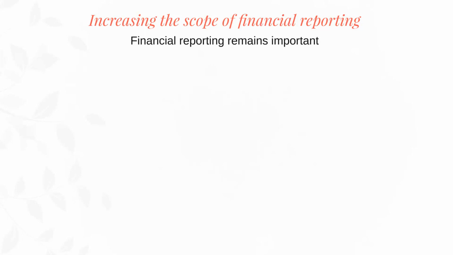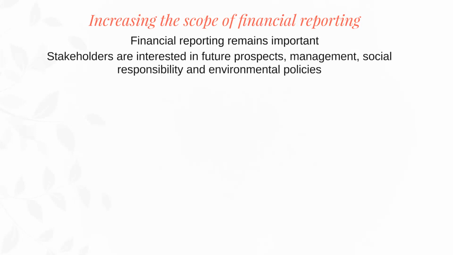What we're simply saying is that stakeholders are hungry for as much information about a business as they can get, both financial and non-financial. So for example, as well as seeing whether a company is profitable or not, stakeholders want to know about a business's future prospects. They'll want to know about the management structure of the business and how effective this is.